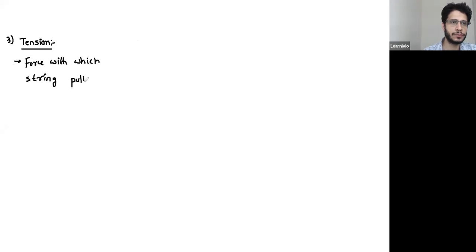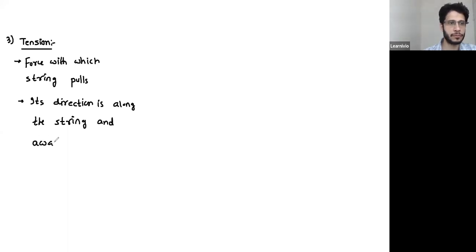Its direction is along the string and away from the body. So tension is a force which acts along the string. Its direction is along the string and away from the body.